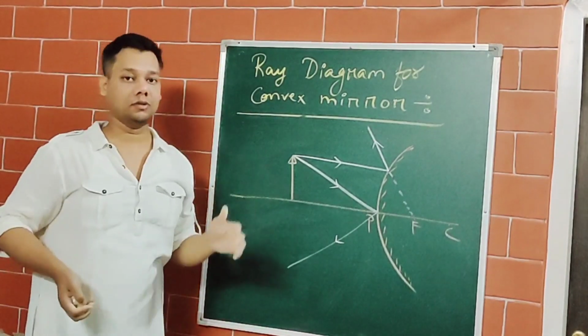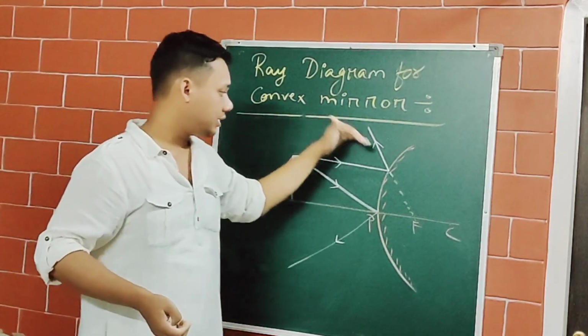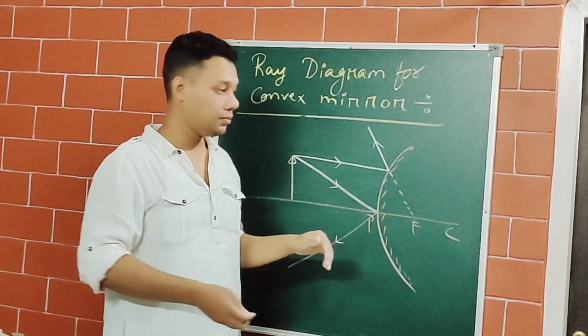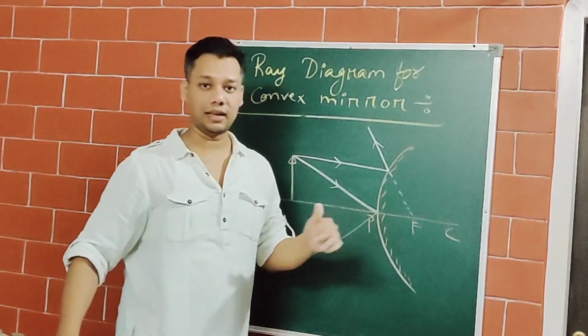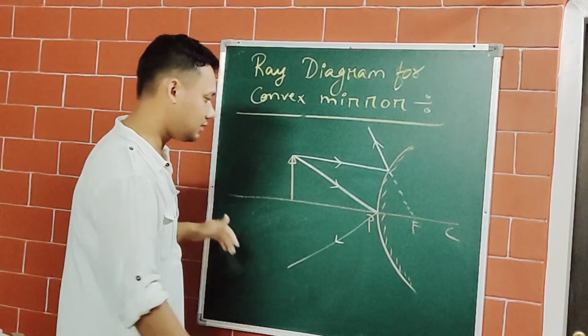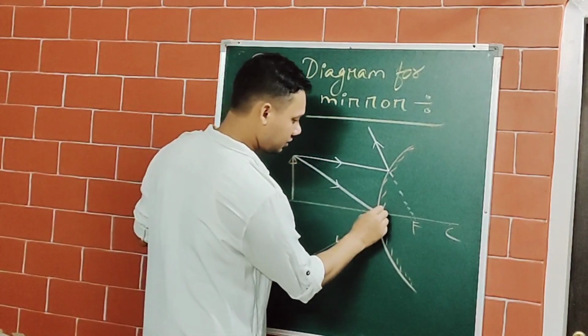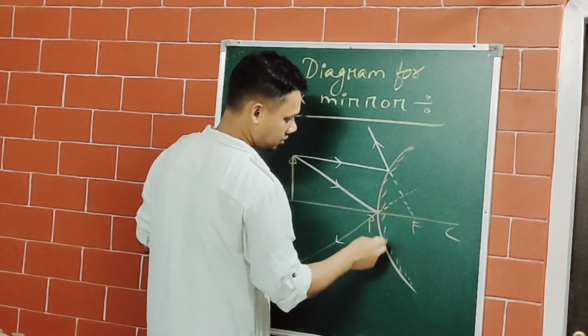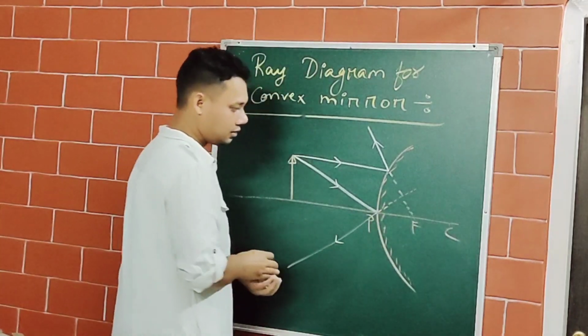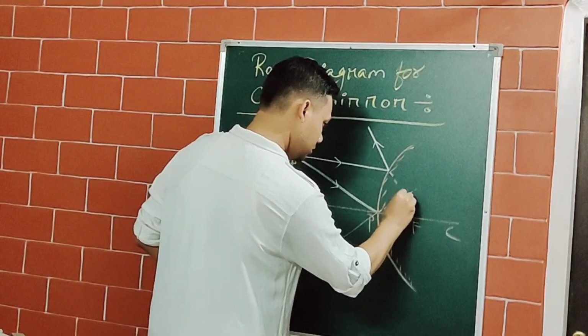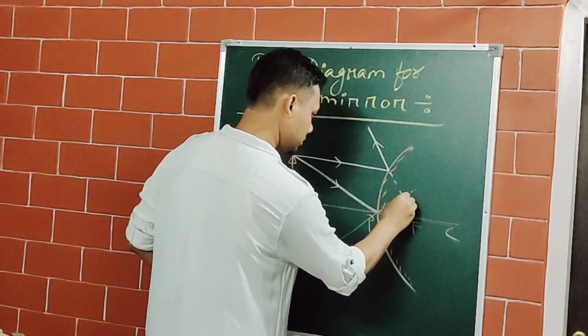So we have to track it backward. We have to extend it backward, and let us see where we get the image. Extending backward, we see the image is formed here.